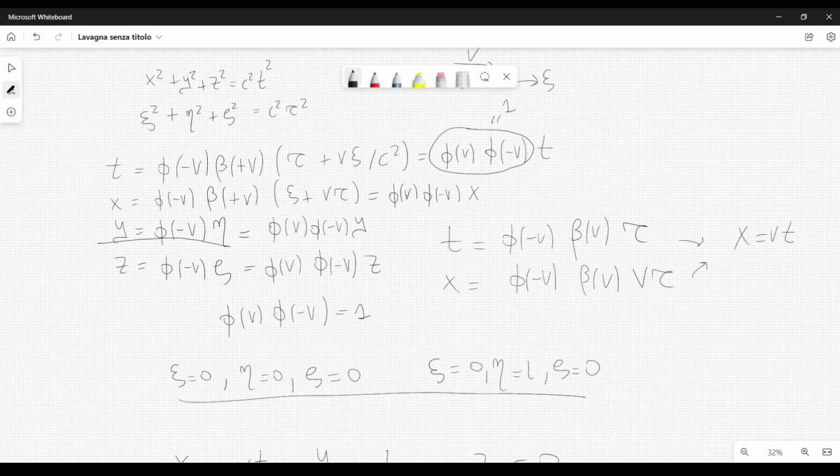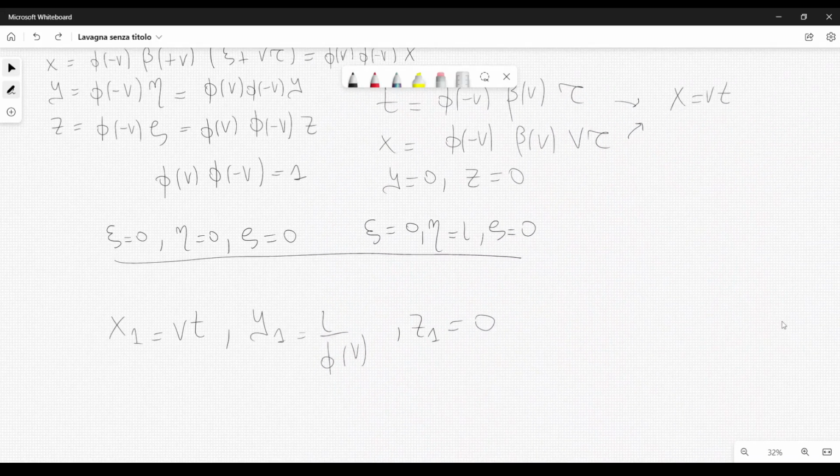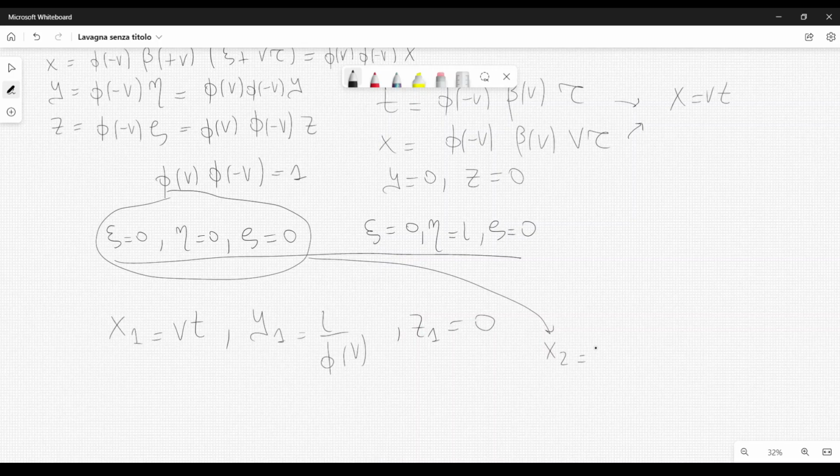Whereas from this law here, if you set eta equal to 0, you get y equal to 0, and similarly you get z equal to 0. And you also have to do something similar for these three values. So with these three values, you get the point x2 equal to vt, y2 equal to 0, and z2 equal to 0.